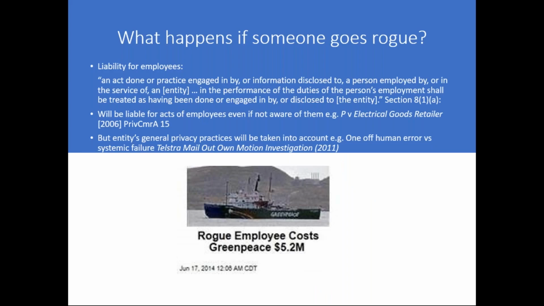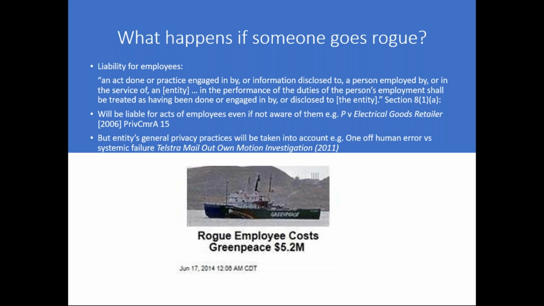One of the other questions that comes up is what happens if you have somebody who goes rogue, and I know that this can be an area of concern because of the number of volunteers and changeover in staff that can happen. In principle, the organisation is going to be liable for its employees unless you can establish that you had appropriate privacy practices in place, and that what went wrong was a one-off human error that your systems couldn't have addressed.